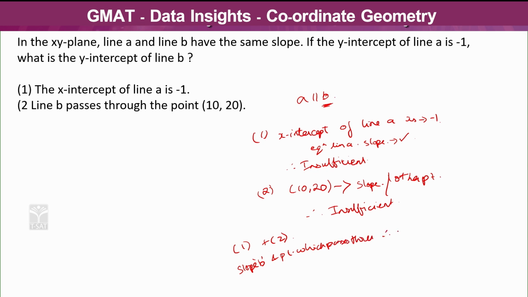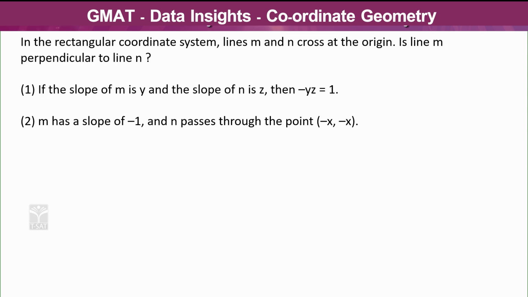Therefore, you will know the equation of line B, and therefore, you will know the y-intercept of line B. Therefore, together these are sufficient to answer the question. When two statements alone are not sufficient to answer the question on their own, but statement 1 and 2 together are sufficient, answer is option C. Let us move to the next question now.